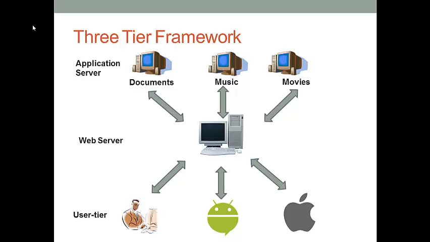The web server will analyze my request and then send the request to the movie database on Netflix, retrieve Star Trek, and then display the pictures on my devices. This is how a three-tier framework or an IoT system works.